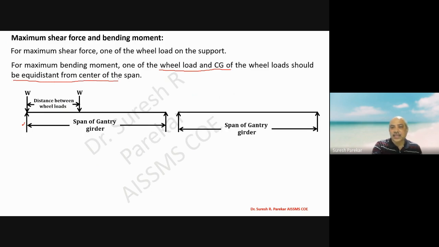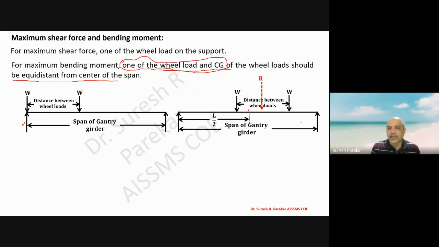Now you can see this. We have this as the span of the gantry girder. Then we have the wheel loads and the distance between wheel loads. So we have L by 2. Now the center of this gantry girder will be at this point. So we have the center over here. And now we have one of the wheel loads and the CG. So this is one of the wheel loads, and the wheel load and CG should be equidistant.